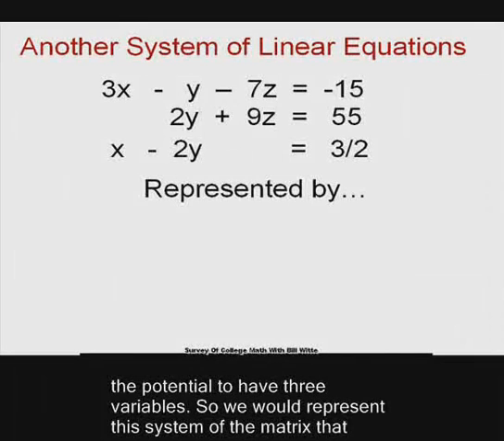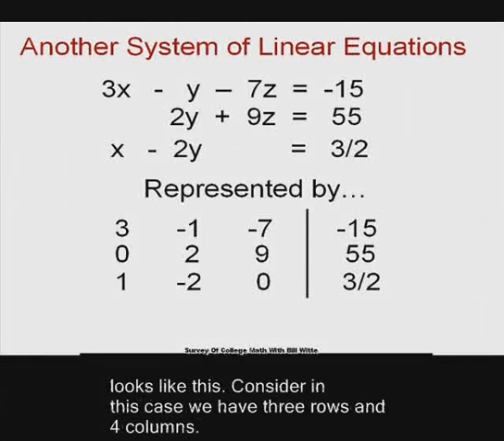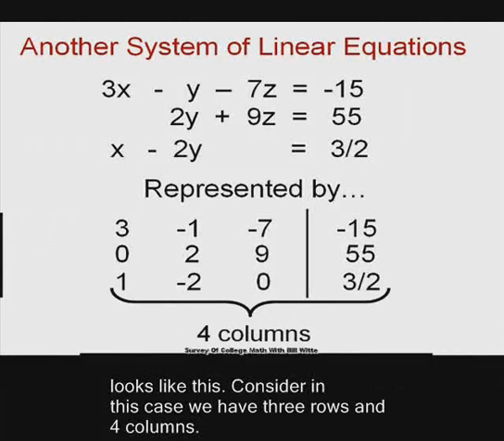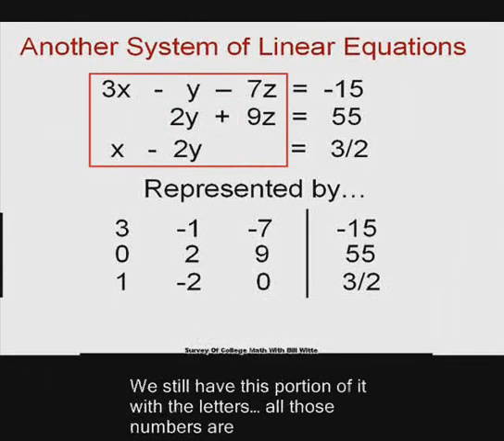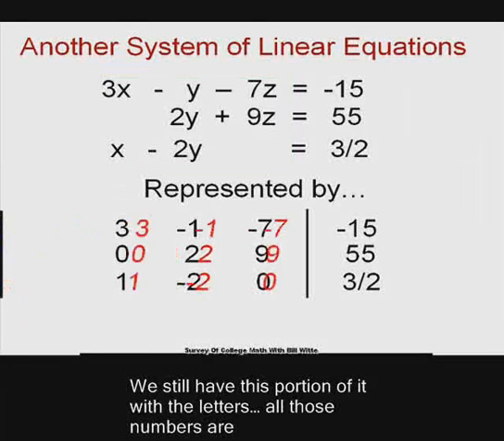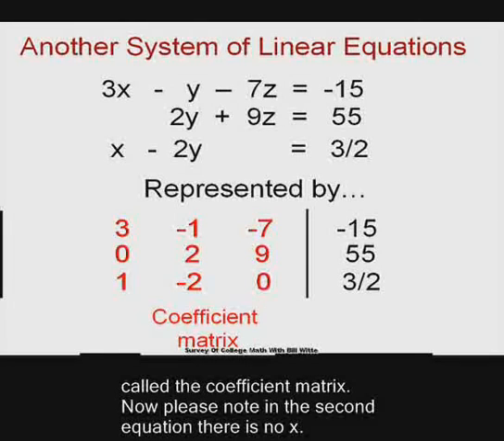So we would represent this system with a matrix that looks like this. In this case we have 3 rows and 4 columns. We still have this portion with the letters, all those numbers, called the coefficient matrix.